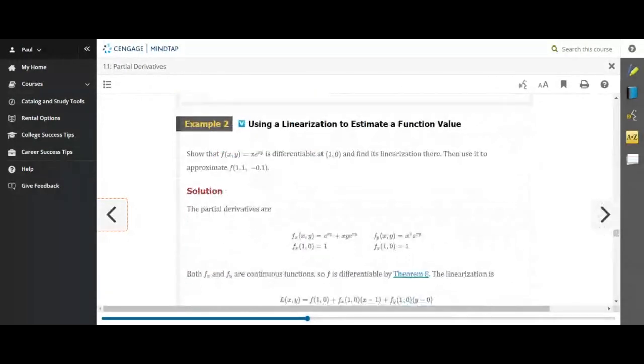Yeah, this will do. So in example 2, they want you to use linearization to estimate a function value. And all this came up because mathematicians hundreds of years ago had to estimate these function values, and they didn't have computers.